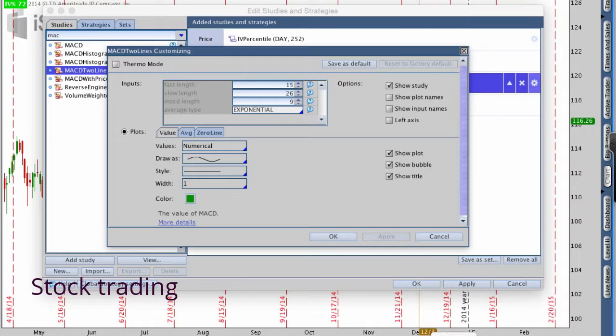That's the first change I'm going to make, and then I'll explain what these different lengths mean. The slow length is currently at 26. I'm just going to even that out a little bit more, to about 30. So here's what they mean. With MACD, basically what you're looking at is 2 different moving averages: a faster moving average, which in this case is about 15 days, and a slower moving average, which is 30 days.